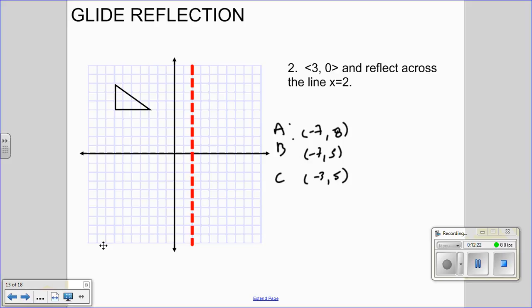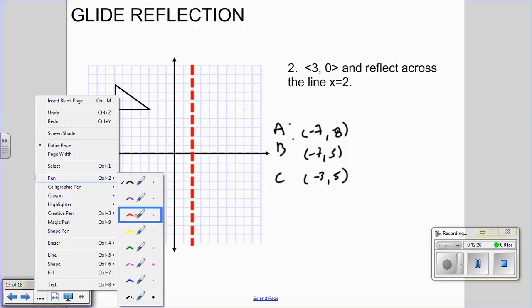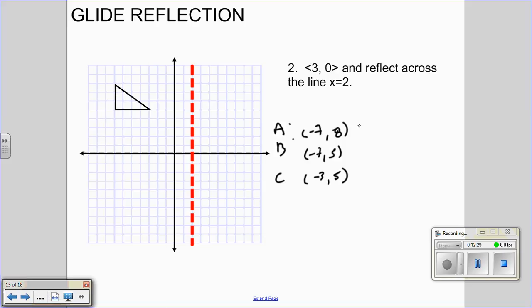Now, for the first translation, they want us to add 3 to your x's and your y's stay the same. So it would be negative 4, 8, negative 4, 5, and 0, 5.